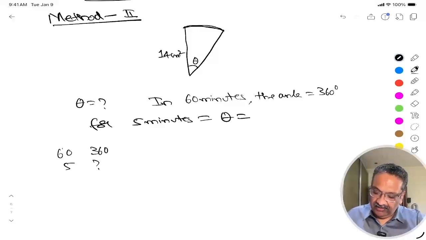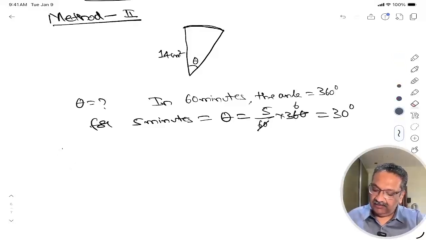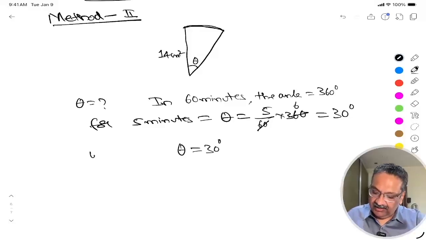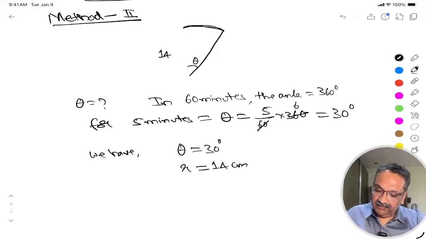For 5 minutes, how much? It is 5 by 60 into 360, which is equal to 30 degrees. Correct? So we have now that theta is equal to 30 degrees and radius r is equal to 14 centimeters.